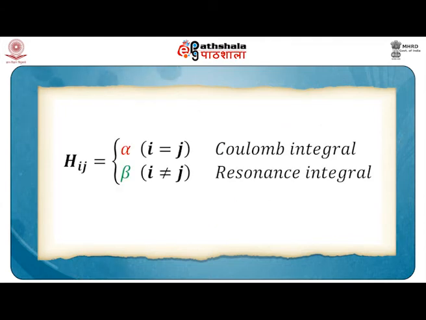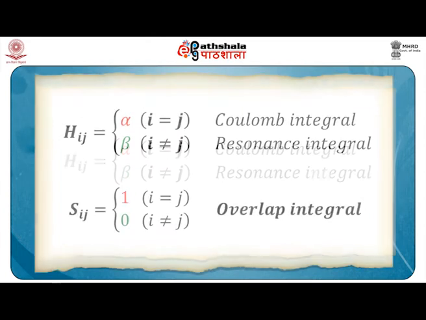As you can see here, Hii is called alpha if i is equal to j, and this is known as the Coulomb integral. On the other hand, if it is Hij, that means i not equal to j, then this is called a resonance integral.